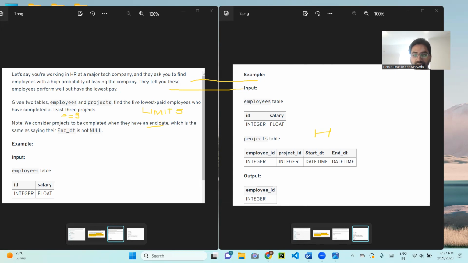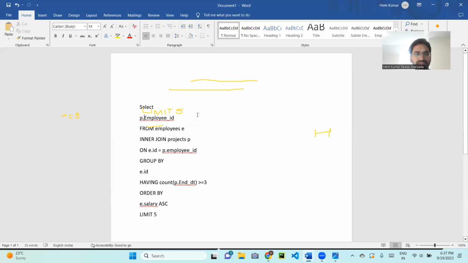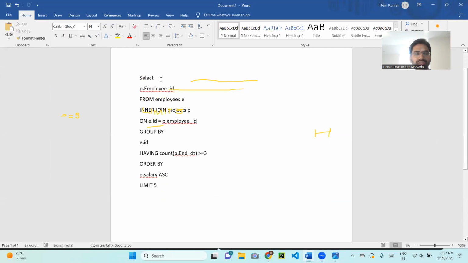So for this, we have written the query like this. Select P dot employee ID from, we are joining both the tables on ID, group by ID, having. We have used having count of P dot end date greater than or equal to 3. Why?